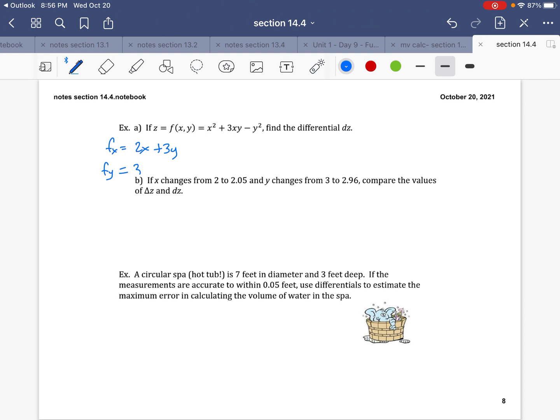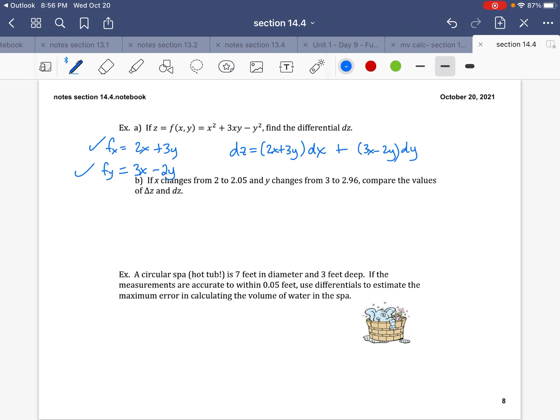The derivative of 3xy will be 3x, minus 2y then. All right, so dz is 2x plus 3y, that's this guy, times dx, plus then this guy, 3x minus 2y, times dy.